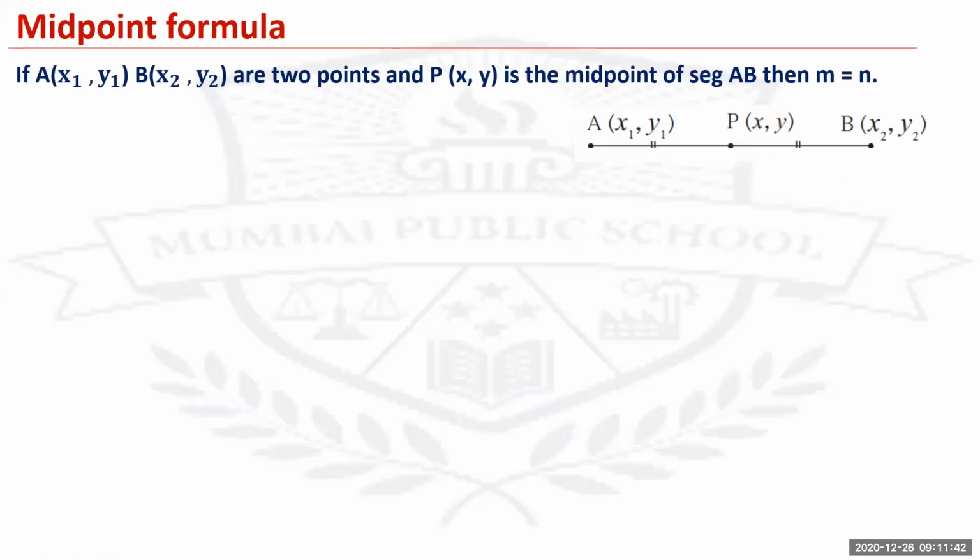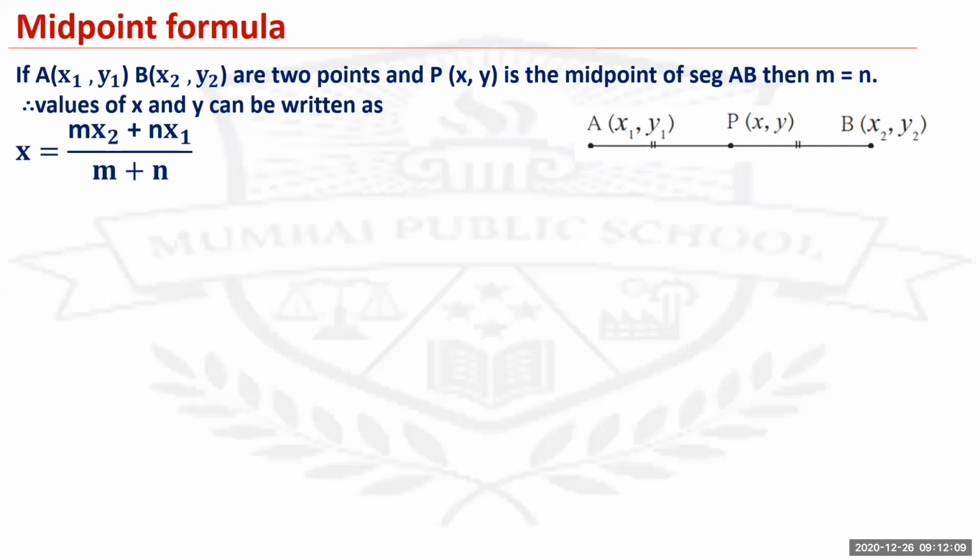Midpoint formula. If A equals x1, y1 and B equals x2, y2 are the points and P(x, y) is the midpoint of segment AB, then m equals n. That means the ratio or the parts in which the side is divided are equal. So therefore, values of x and y can be written as x equals mx2 plus nx1 upon m plus n. So m equals n.